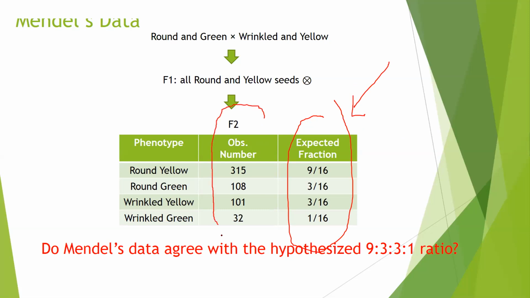Okay, now second step, he did the experiment and got these numbers, data. The third step is to use this data to test if this data is supporting this expected ratio or not. If it is, okay, then we successfully prove his hypothesis, or the two laws he proposed. All right.